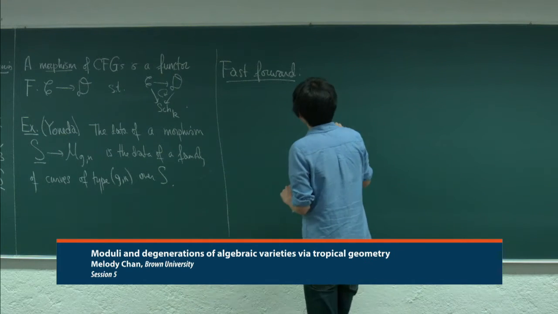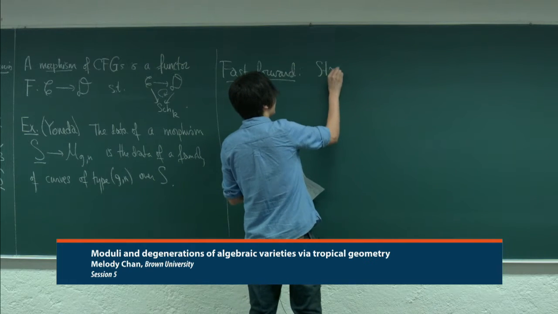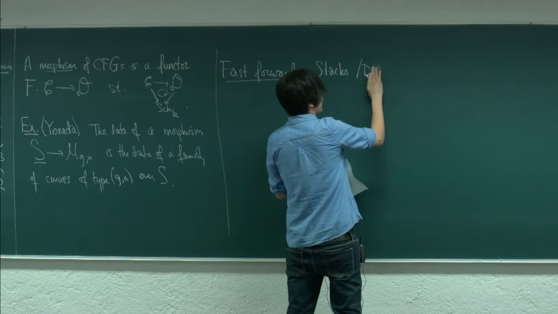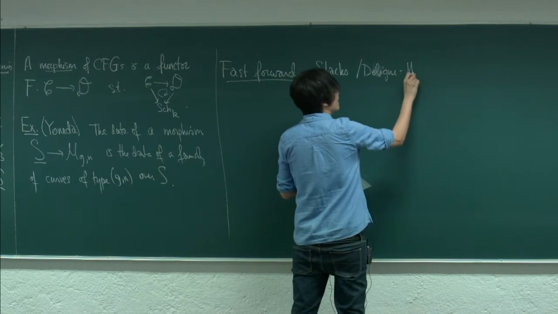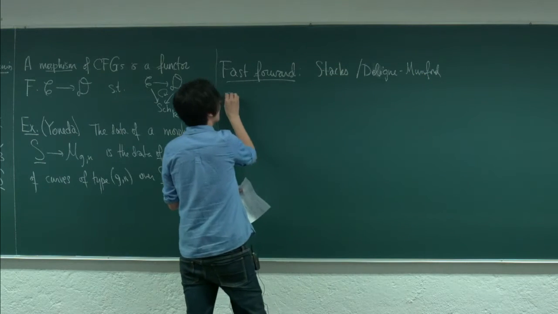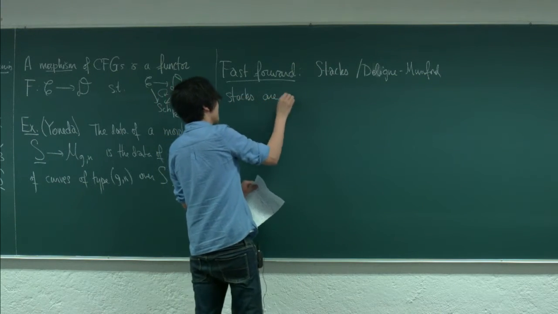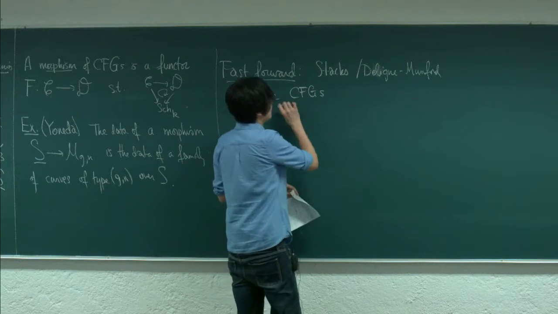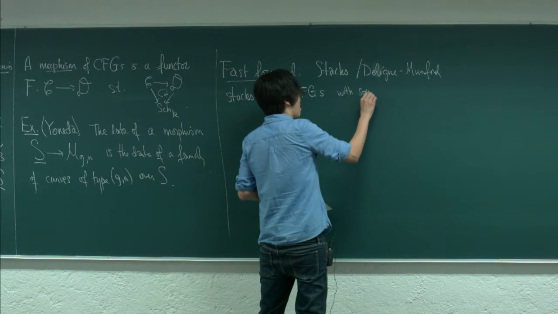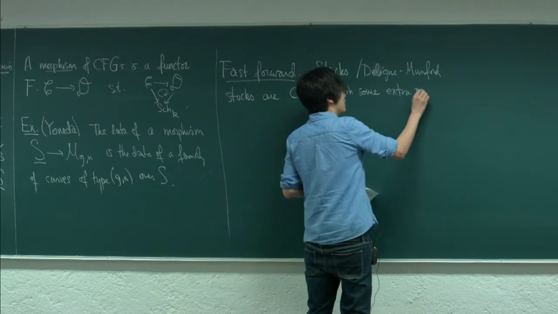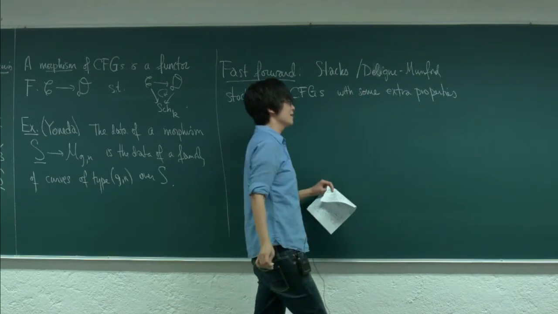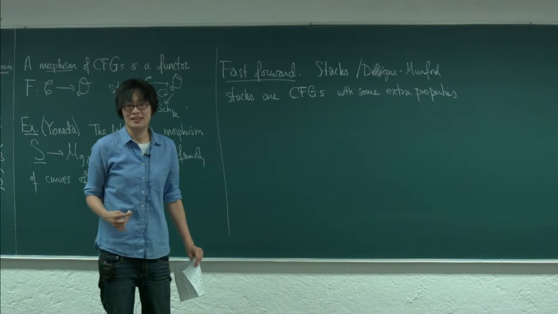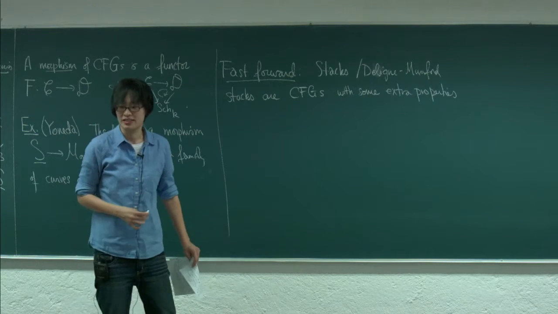So stacks, and even more especially Deligne-Mumford stacks, they are CFGs, so they are categories over schemes, fibered in groupoids, with some extra properties. And I'll state now two properties of Deligne-Mumford stacks that I need, and I'll ask you to accept them if it happens to be the case that you've never seen these definitions.